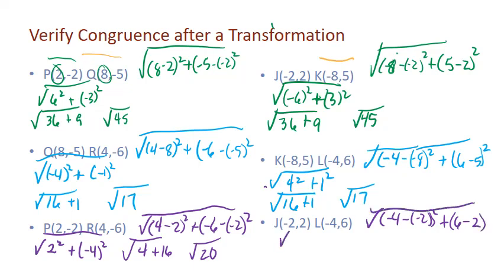And so then we've got negative 4 minus negative 2, that's negative 2 squared, plus 6 minus 2 is 4, 4 squared. And negative 2 squared is 4, and 4 squared is 16, and 4 plus 16 is 20, and so we're looking at the square root of 20.